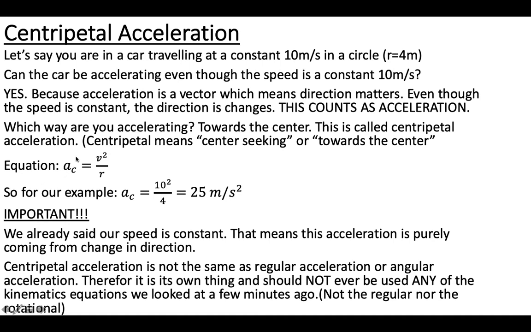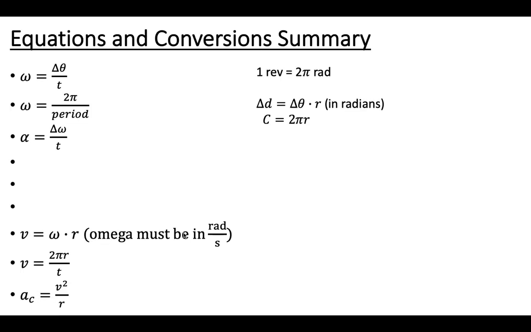And because of that, it should not ever be used in any of the kinematics equations we looked at a few minutes ago. Not the regular ones, not the rotational ones. This a_c is its own thing. Do not use this a_c in any of the kinematic equations. Okay? All right.